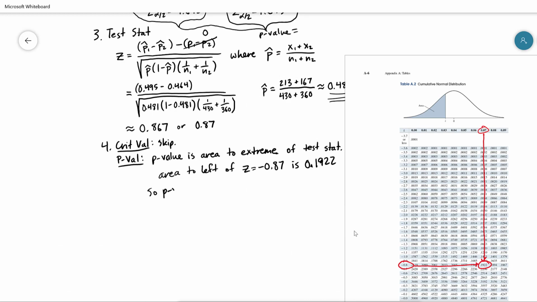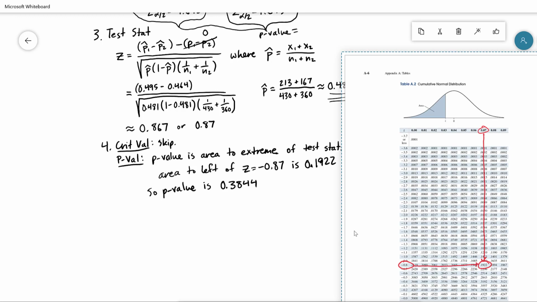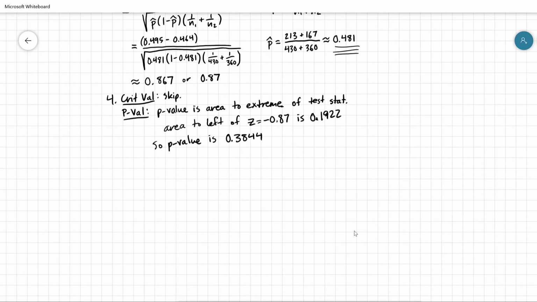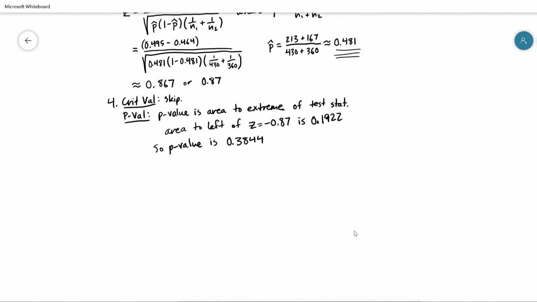So the p-value is 0.3844. So let me delete my table over here so it stops snapping back to it. So the p-value is now the combined area of both of those tails, and we can now decide if our result is weird. And is our result weird? No. Our result is not weird.